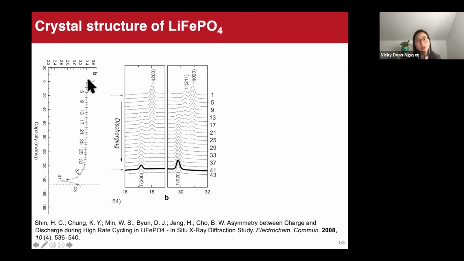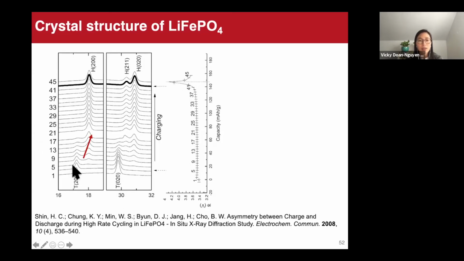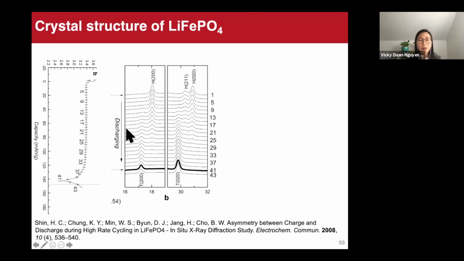Upon discharge from 0.1 to 0.41, you can see that there's actually asymmetry in the rate of phase transformation. Here you see the peak shifting this way, and then upon discharge, coming back from heterosite to triphylite, that is actually not the same.